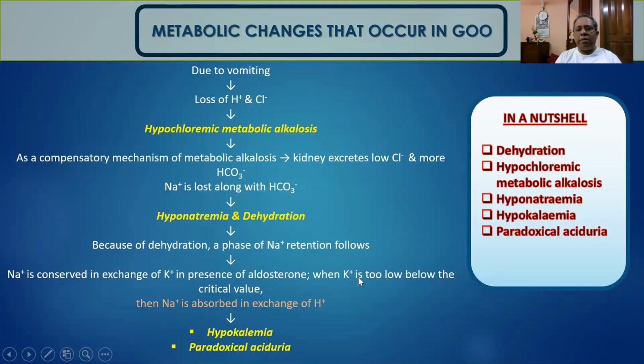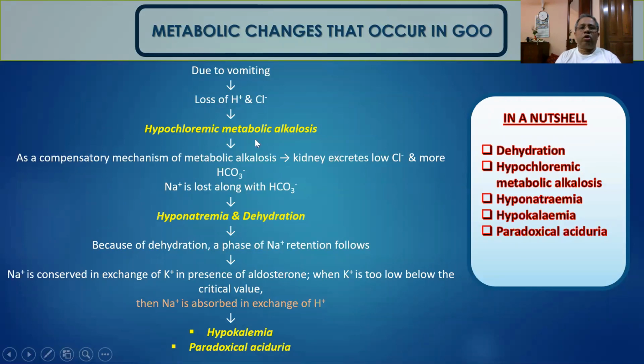Whenever the potassium is below the critical value, then sodium is absorbed in exchange for hydrogen ion, because the potassium is not available there. For that reason, the patient develops hypokalemia, loss of potassium, and loss of hydrogen ion, causing paradoxical aciduria.